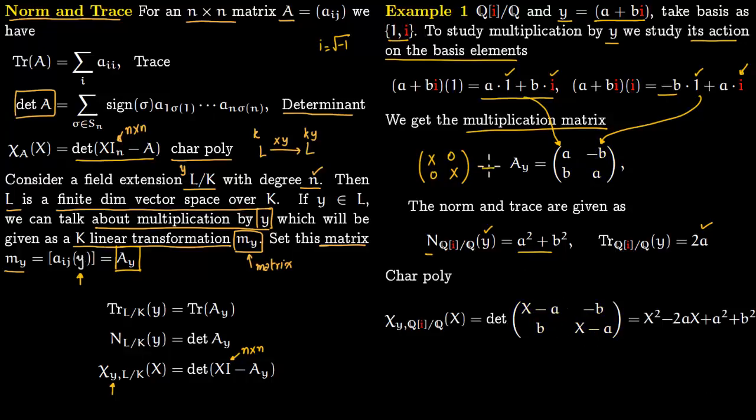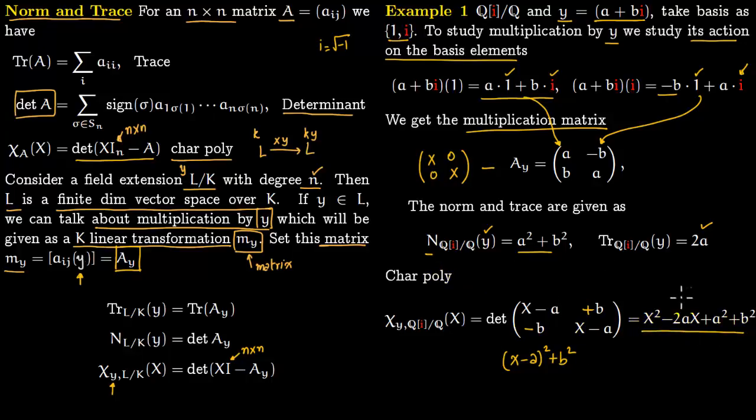So this minus b with this negative sign will become plus b, and this b will become negative b. Now you compute the determinant of this, which will be (x minus a) squared plus b squared, and that's precisely what we have right here.